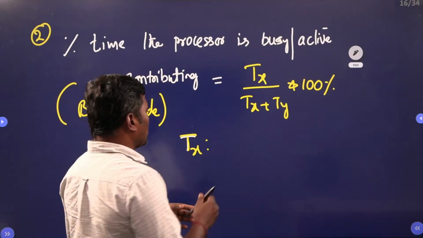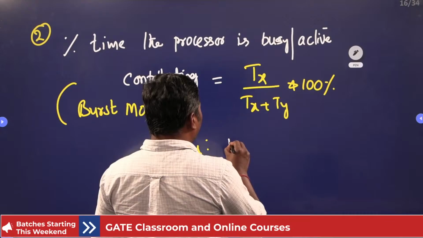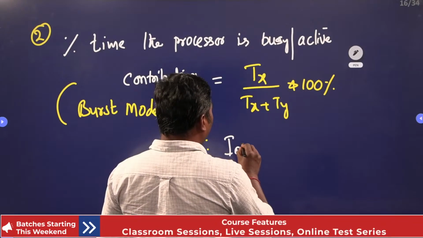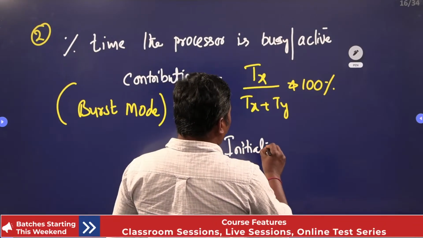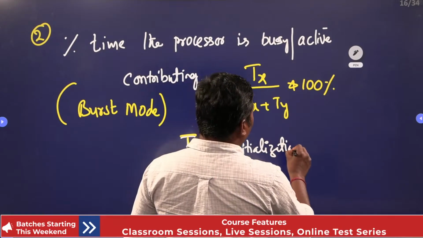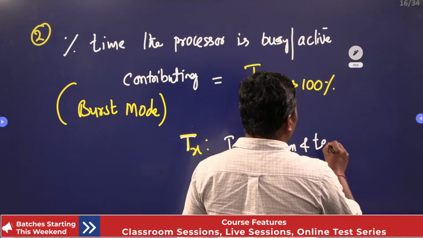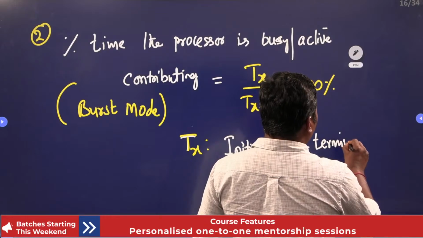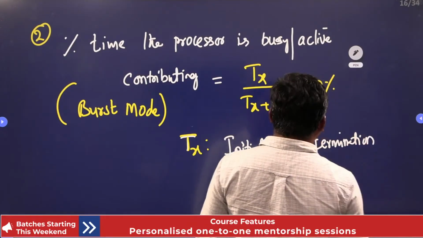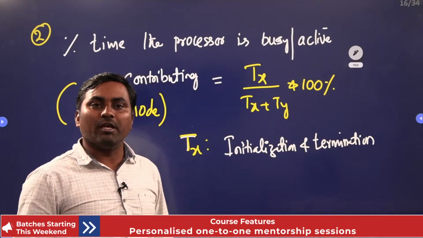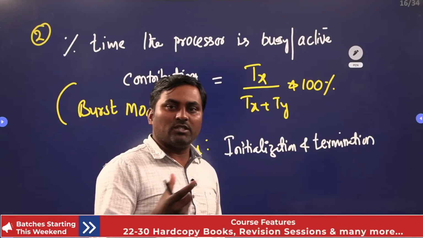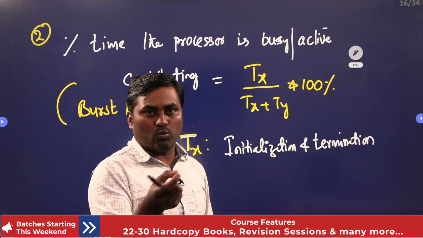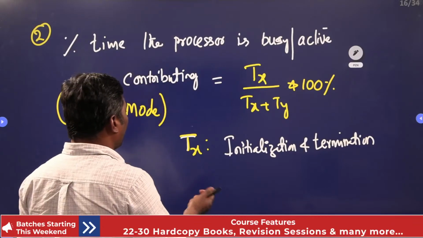So this is initialization of the DMA and termination of the DMA process. The time taken to initialize or terminate the DMA is when the CPU is active. After that, the CPU is blocked.